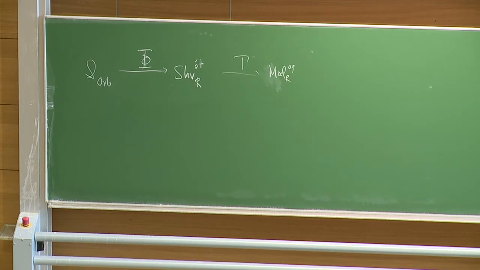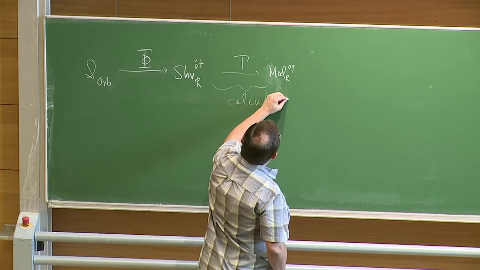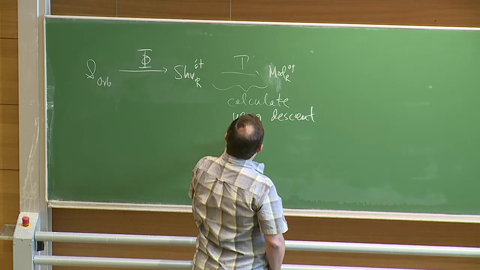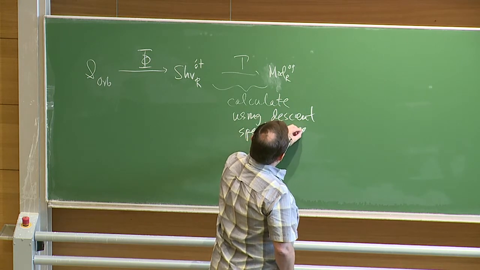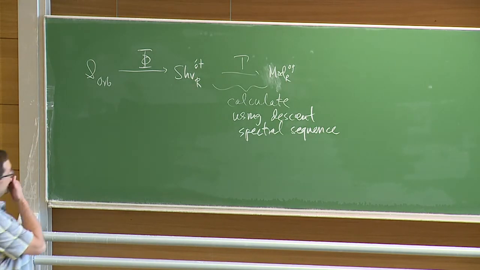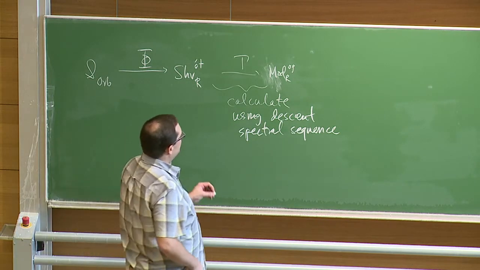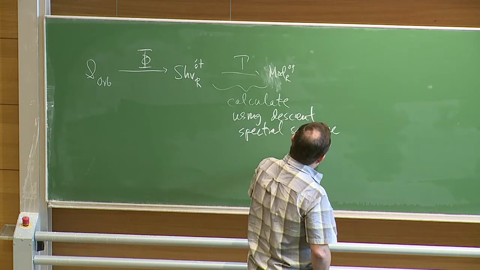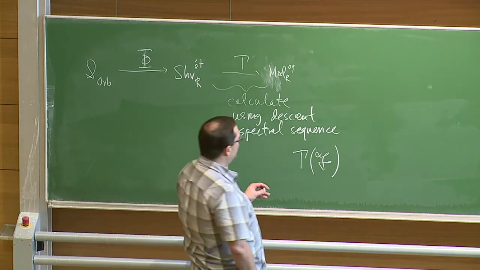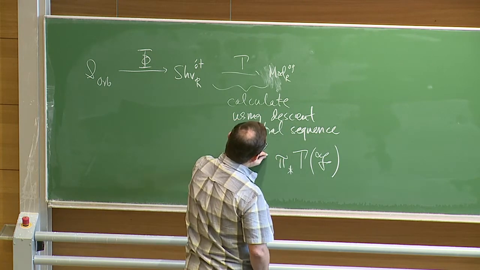Of course, there's really more structure there, but this I can calculate using the descent spectral sequence. Okay, so this is traditionally how people make calculations in derived algebraic geometry. For example, if you need to know the global sections of a sheaf F, well, in derived world, that's going to be some type of spectrum or R module, and you'll want to be able to calculate its homotopy groups.